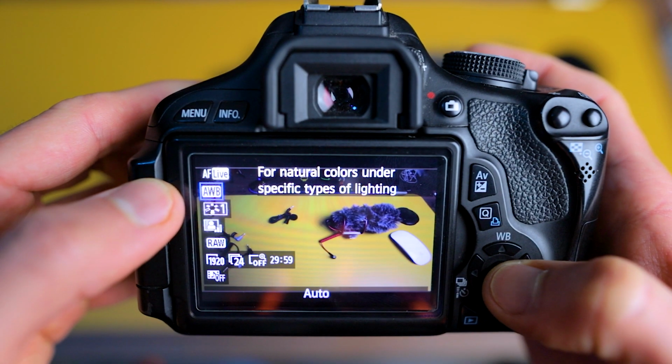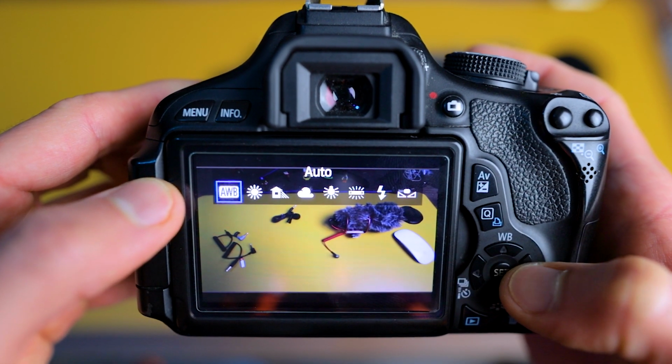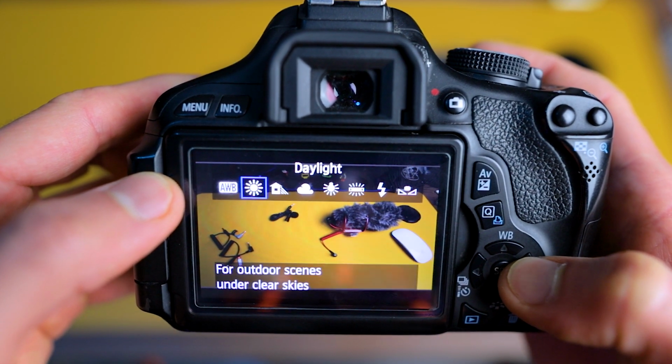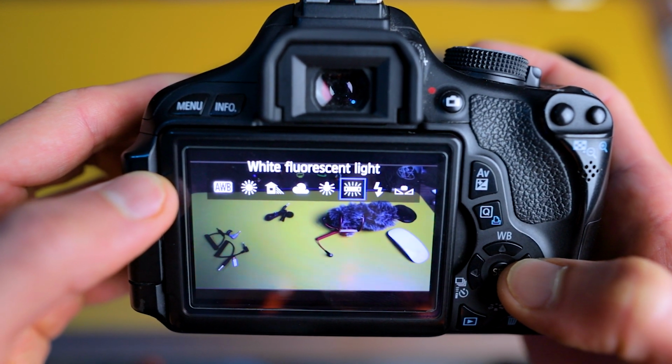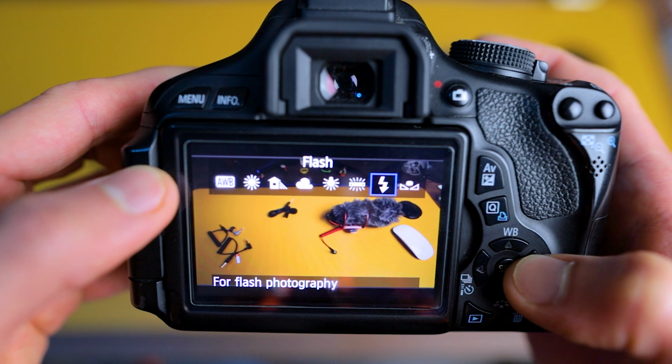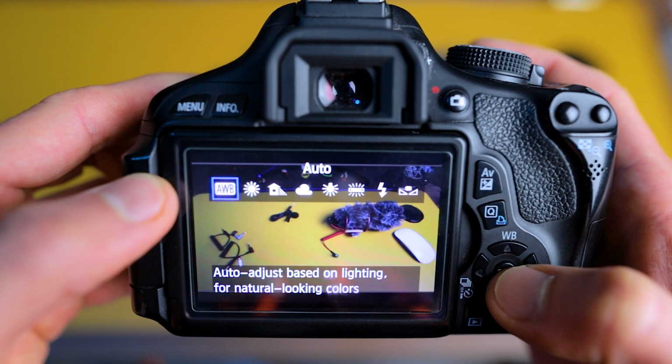Right now I'm using automatic white balance because the light is not changing and it's easier for me. But if you're outside and it's sunny, you can set a sunny white balance, or if it's cloudy, you can set the cloudy white balance, and then it's going to be with that specific value for the rest of what you are shooting in that scenario. But if you are moving to a different place, you have to set up the white balance differently.